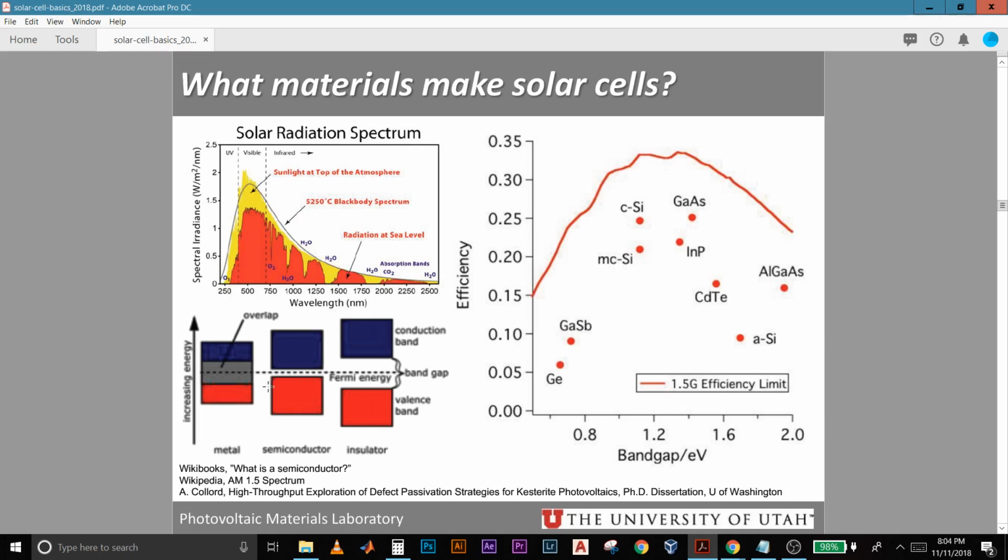Now secondly, how do we absorb these photons? The idea comes from the energy band gap, which is present in metals, semiconductors, and insulators. If we look at metals, the conduction band and the valence band overlap, and there is no energy gap.